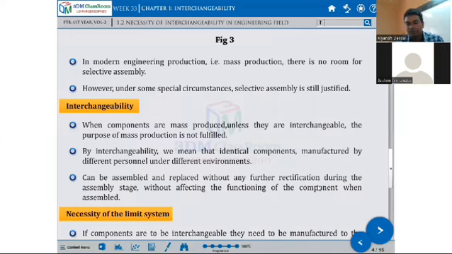So you can replace it blindly during the assembly stage.